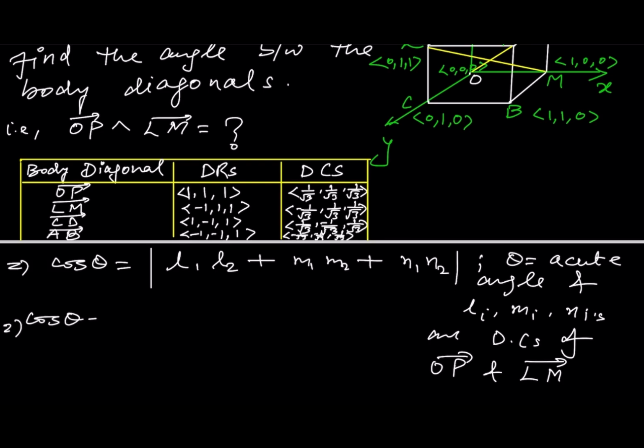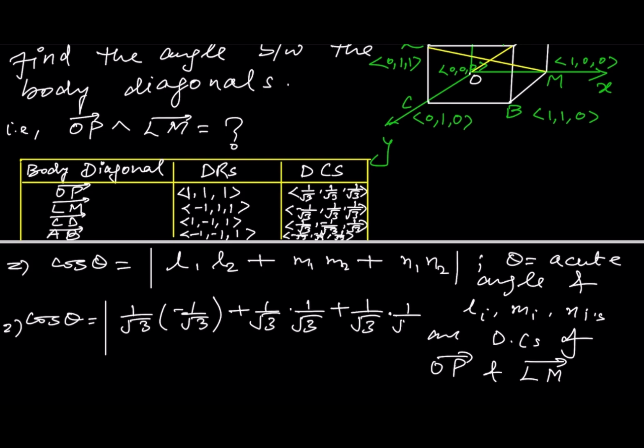So cos theta is equal to mod of 1 by root 3 into minus 1 by root 3 plus 1 by root 3 into 1 by root 3 plus 1 by root 3 into 1 by root 3.